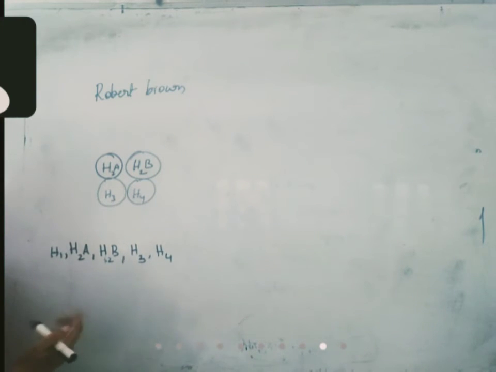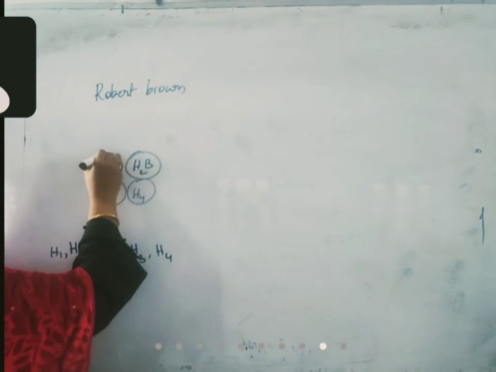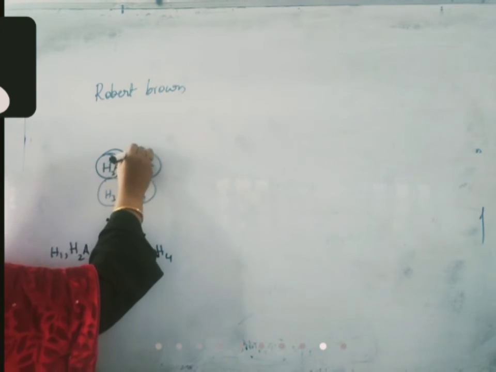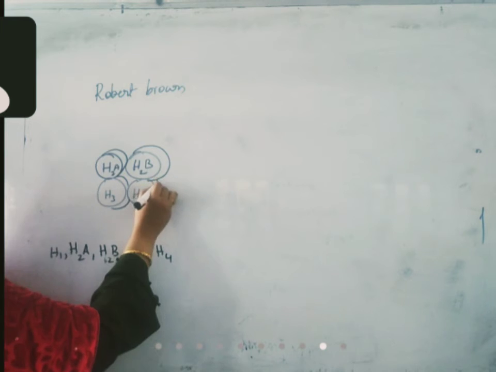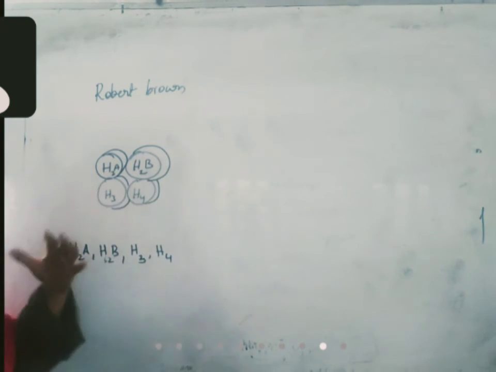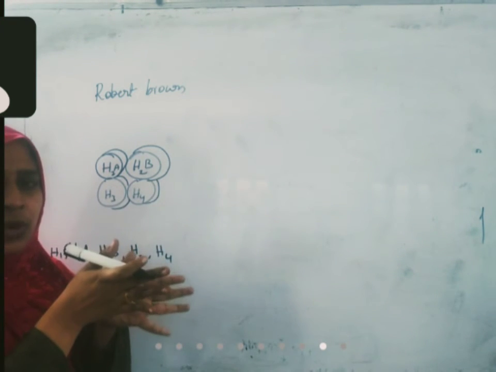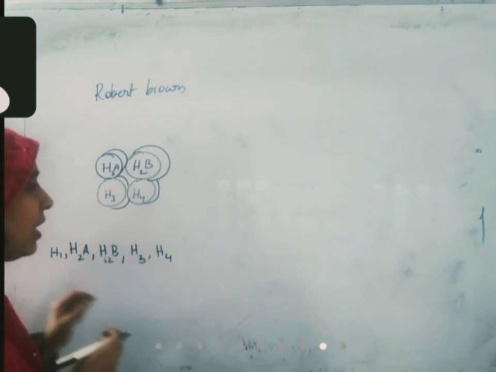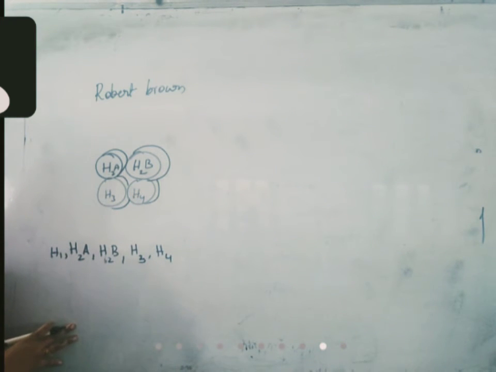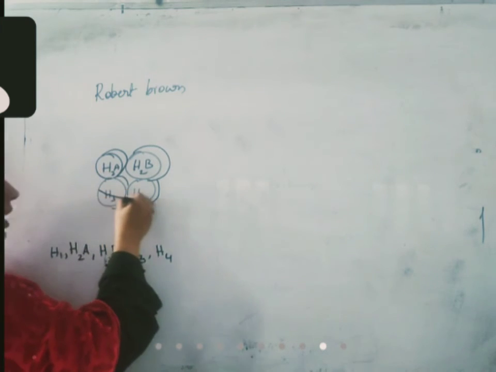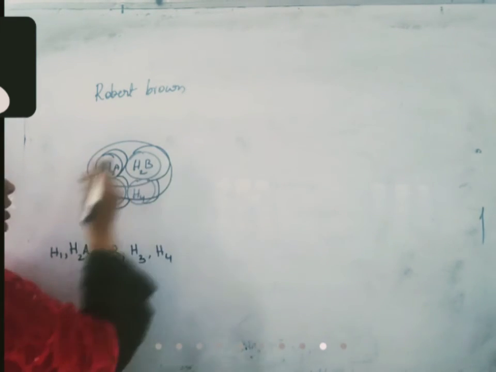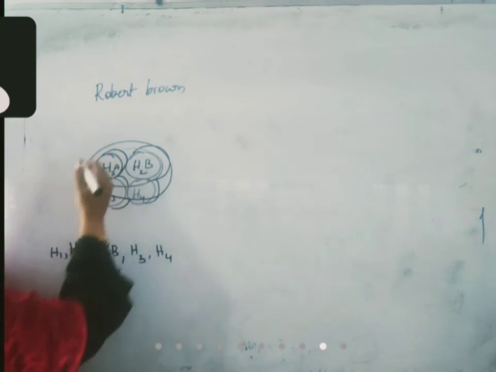They are in doubles, not singles. 2 H2A molecules, 2 H2B molecules, and 2 H3 molecules are present. 4 are present on the front side and exactly 4 on the back side. They make a cube-like structure. Around this, DNA will coil.